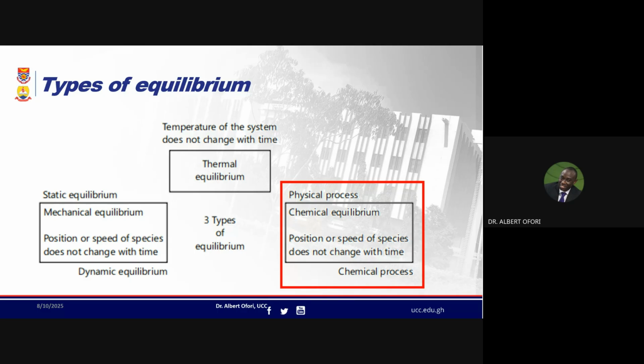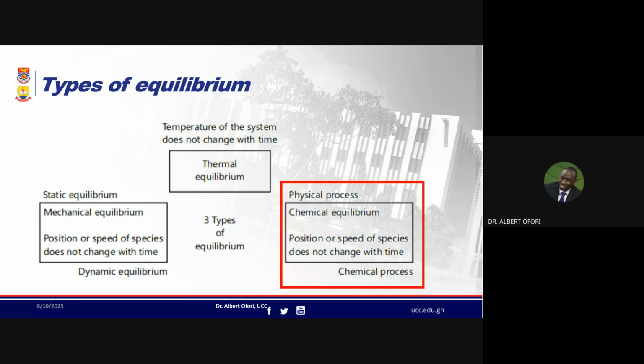We can have the static or what we call the mechanical equilibrium. That has to do with motions, whether a change in speed and those things. But once equilibrium is established, it means that there's no kind of changes.